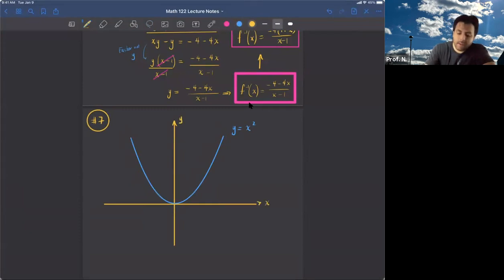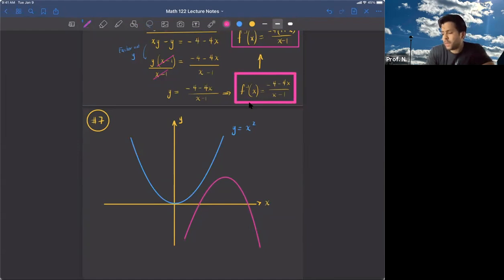And then I have another parabola. Looks like this. And the important thing to note, it says that f and g are given. Find a formula for the function g.